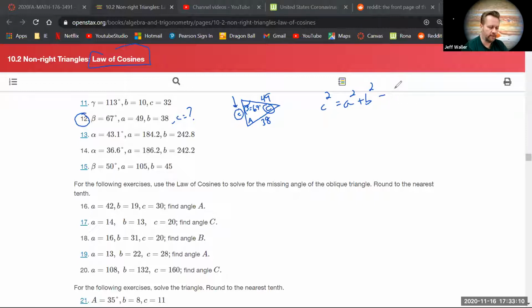Minus, and yes, you do have to memorize this, just in case I didn't say that. Well, it's on your trick sheet as far as what you have to memorize anyway. So I did say that. 2ab cosine big C. Do I have everything I need for this formula? Nope, I don't have angle C. So no matter what I do, I have to do a couple of steps anyway.